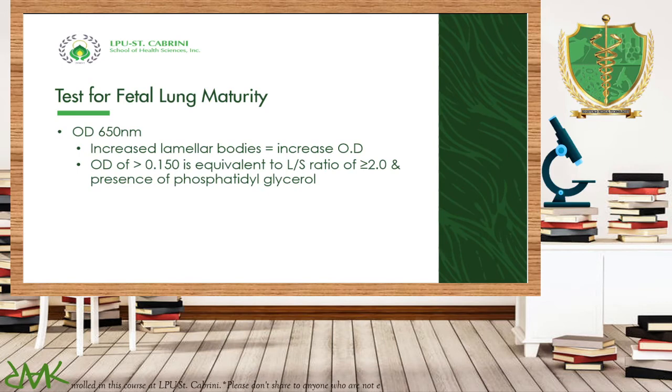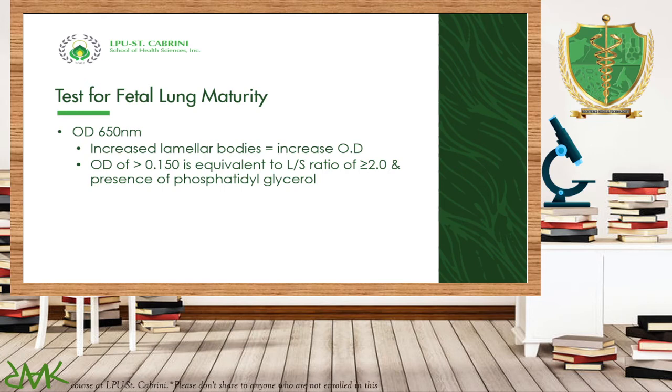On the other hand, we have our OD650. Okay? Increased lamellar bodies increase OD. Take note of that. Increased lamellar bodies increase OD. Okay? An increase of OD greater than 0.150 is equivalent to an LS ratio of 2.0. Diba?